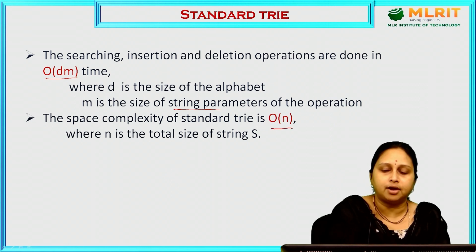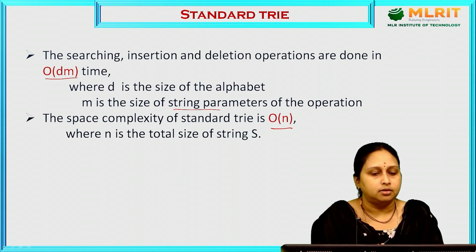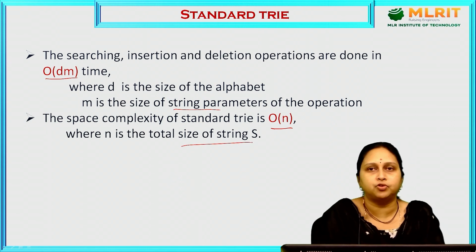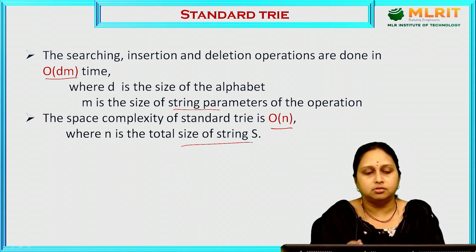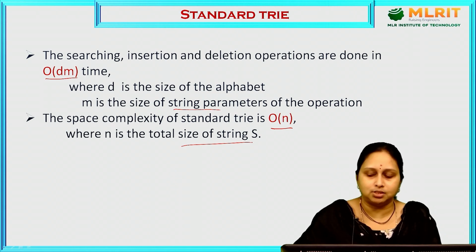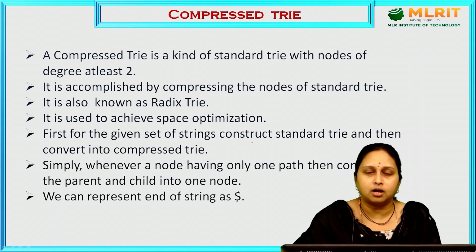For the standard trie, it is going to occupy big O of n. That is the space it is going to occupy in the memory. And n represents the total size of your strings, right? These are the complexities. Because of this, there are some disadvantages with the standard tries, so we are going for compressed tries.